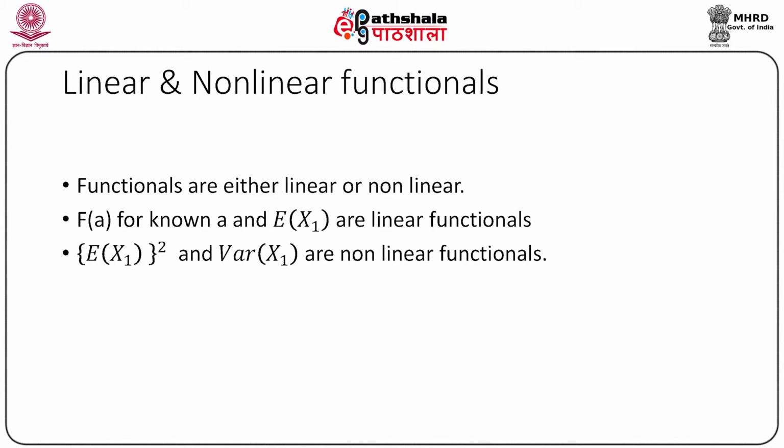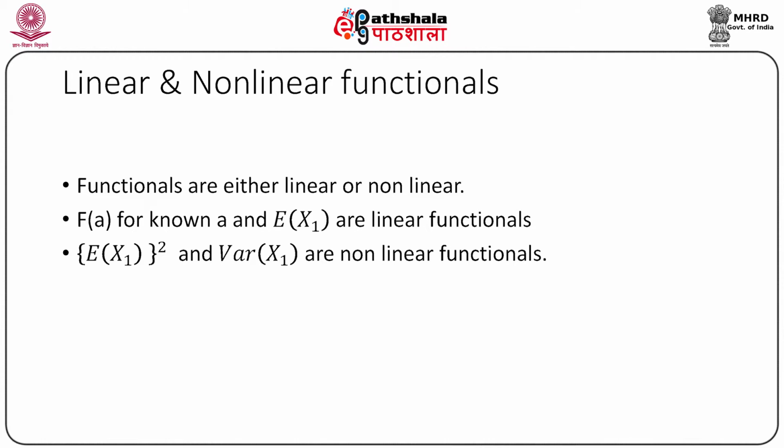As another example, in 1, we have considered probability X less than or equal to a with known a. So here psi(X) is nothing but the indicator function of X less than or equal to a. Since the expectation of an indicator function is nothing but the probability X less than or equal to a, here psi(X) is the indicator X less than or equal to a.